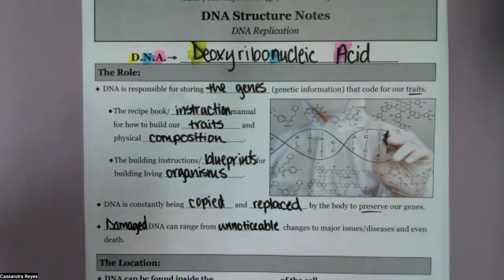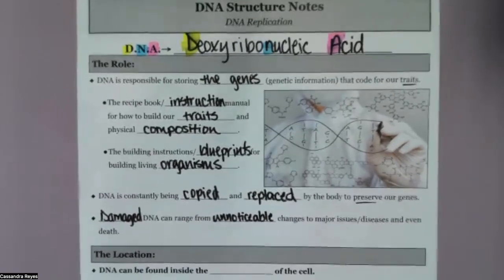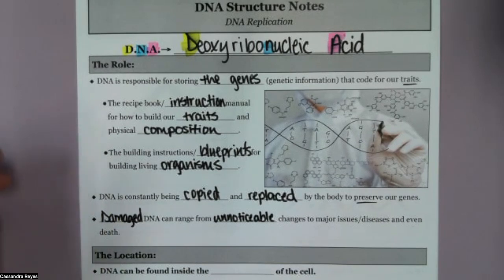So what I want to point out about damaged DNA is that we're going to go deeper and deeper into this topic with a future assignment because it is important to understand what DNA damage can result in. But it is important to know that overall, you can either have some unnoticeable changes or you can have some majorly life-threatening changes that happen as a result of DNA being damaged.